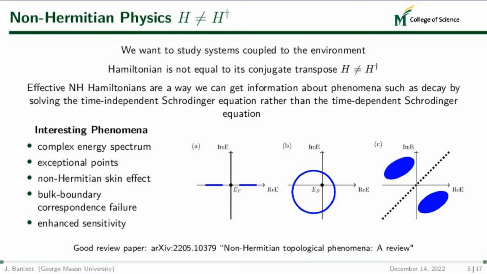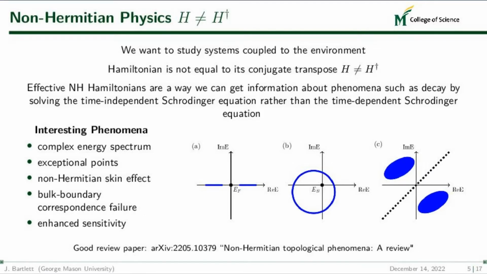And again, this is if we want to study, for instance, a system coupled to the environment. It's no longer isolated. These effective non-Hermitian Hamiltonians are a way we can get information about phenomena such as decay, where we only need to solve the time-independent Schrodinger equation rather than having to solve the more complicated time-dependent Schrodinger equation.